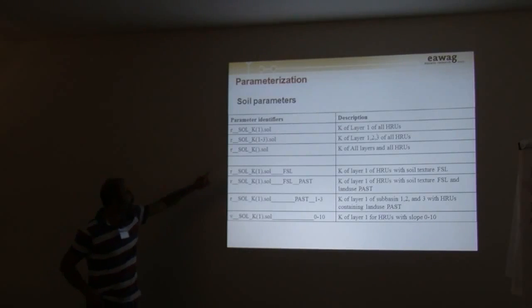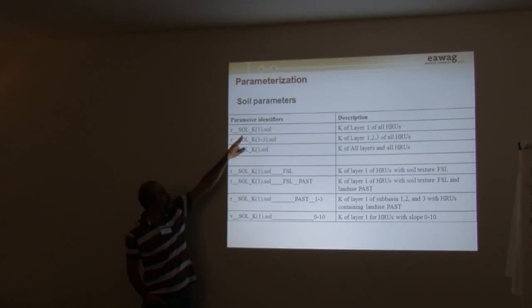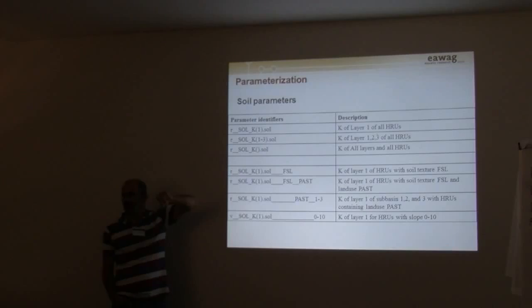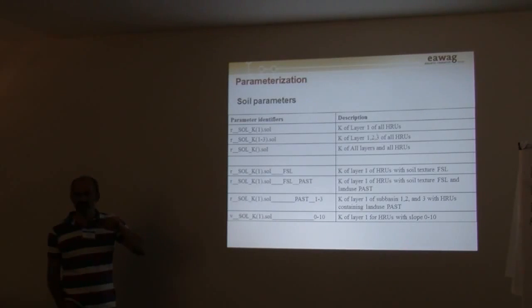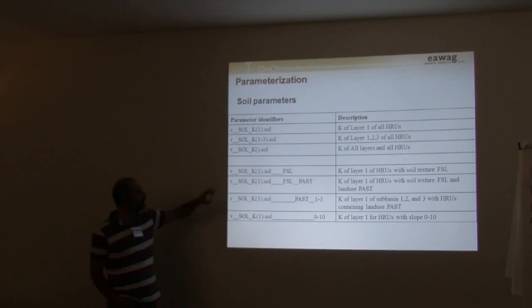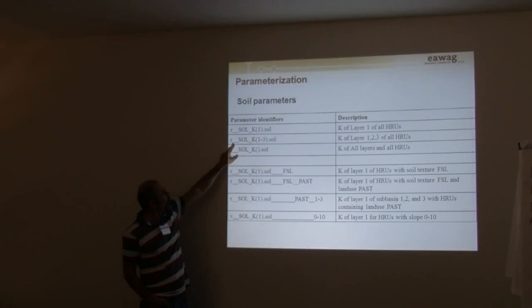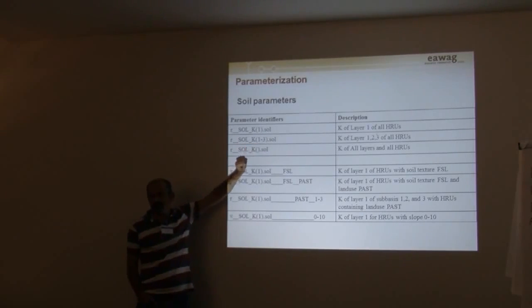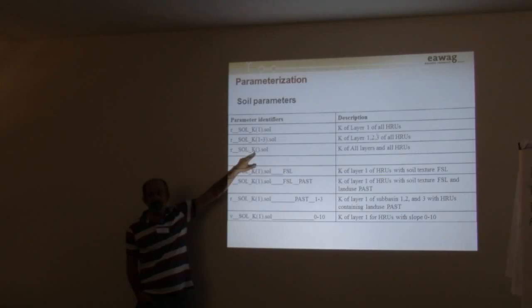For example, hydraulic conductivity. If I want to do a relative change to the hydraulic conductivity of the first layer, and you may have many layers, you can change the hydraulic conductivity of every layer individually. Or you want to change the hydraulic conductivity of layer 1 to layer 3, or of all the layers.